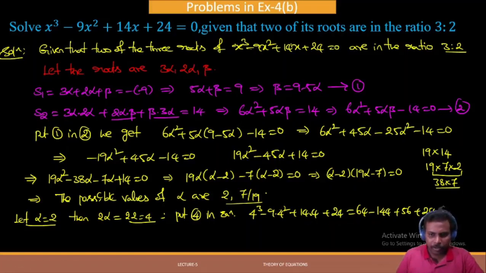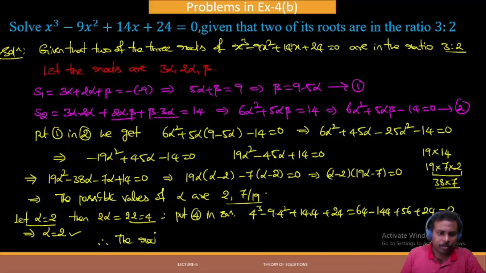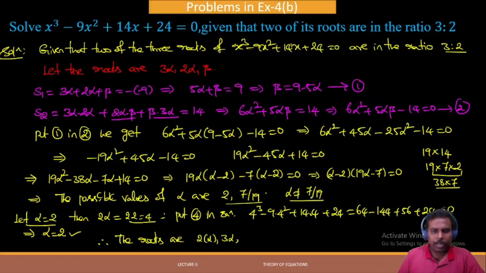So this actually becomes 0. So this implies alpha is equal to 2 is the correct choice. Therefore alpha cannot be 7 by 19. Therefore, the roots are 2 alpha, 3 alpha, beta.